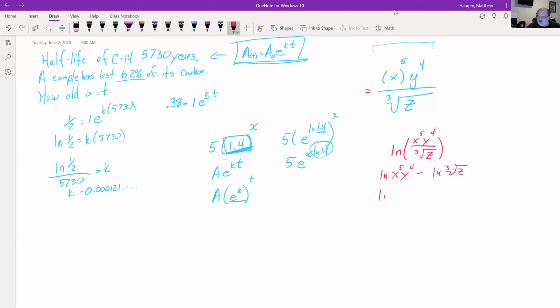I'm not making stuff up here, am I? If so, I'm glad, because it is one of those things you want to make sure you can do. And the 5 comes down, plus 4 natural log of y, minus 1/3 natural log of z.